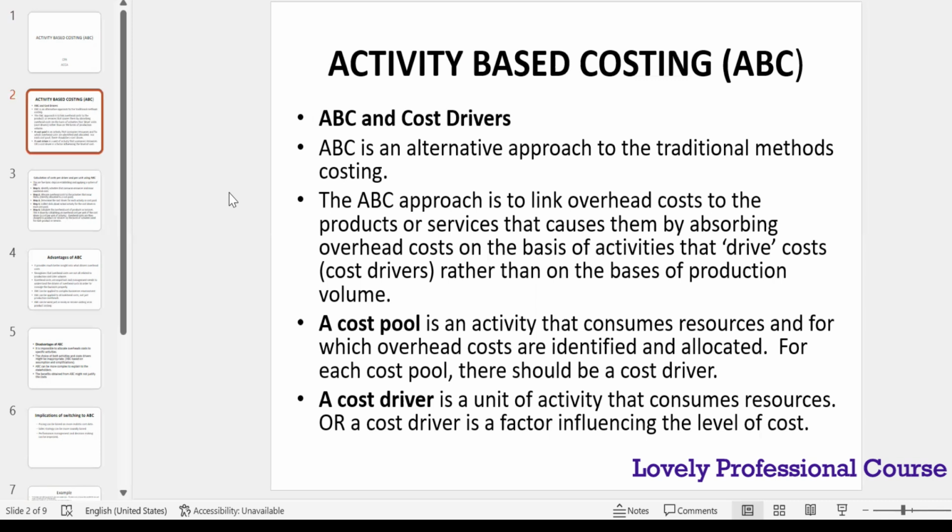For example, labor hours, machine hours, number of setups, number of inspections, number of material issues. Those are the cost drivers we are talking about here. We use the cost driver to apportion our overhead, to break down a cost pool.